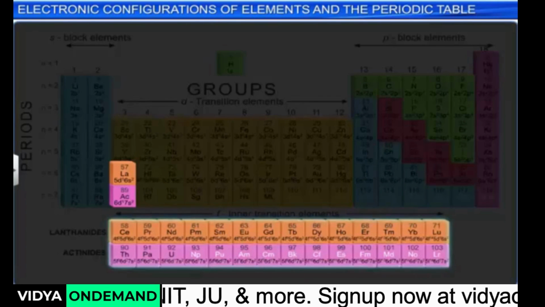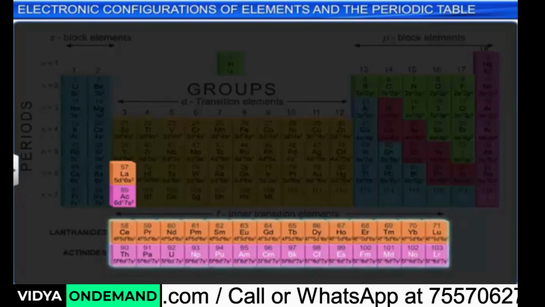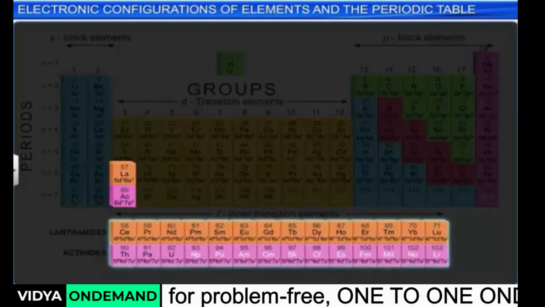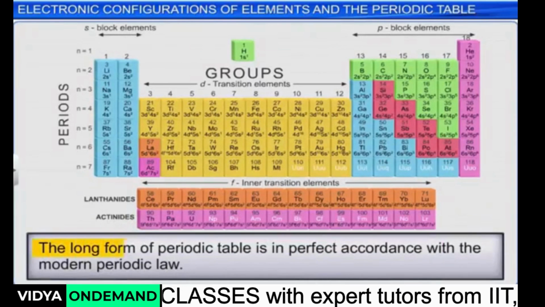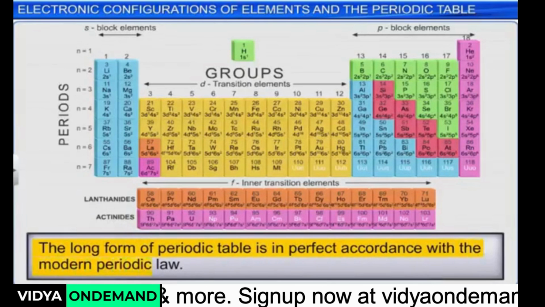Thus, the long form of periodic table is in perfect accordance with the modern periodic law, keeping electronic configuration, which in turn depends on atomic number, as the basis of classifying elements.